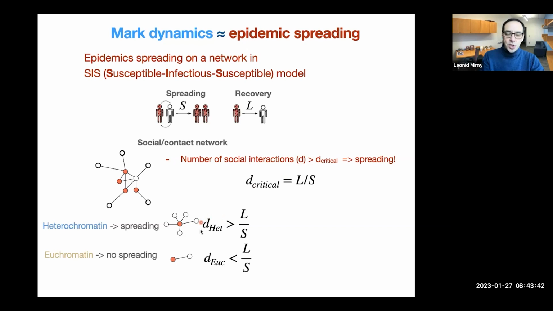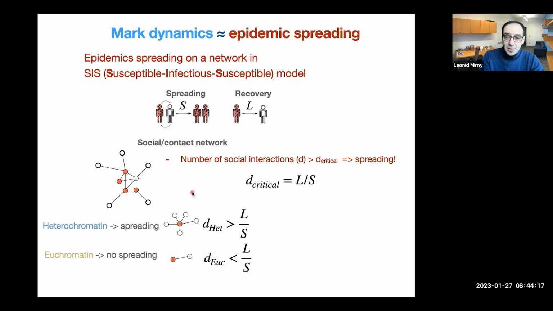If the number of neighbors per monomer in the heterochromatin, or say in a densely populated area, is above L over S, and the number of neighbors per monomer in euchromatin, or say, for example, an urban environment, is less than L over S, then under these conditions you're going to have the spreading of the epidemic within the dense part of the network, and you have practically no infection in the less dense part of the network.